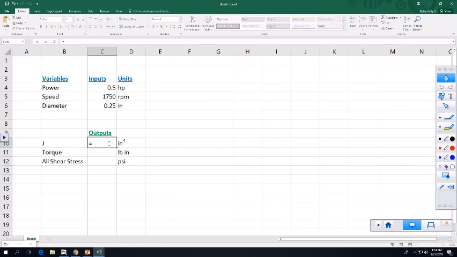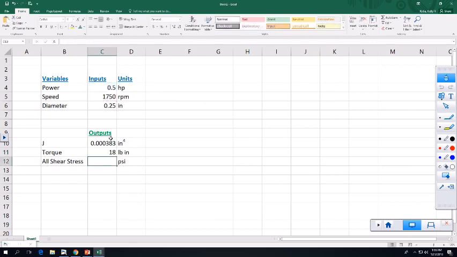It's going to be equal, parentheses, 3.1415 for the pi, times 0.25 to the 4th power, parentheses, divided by 32. There's my J. My torque, equal to, parentheses, is going to be the power from up on top times 63,000, closed parentheses, divided by rotational speed.